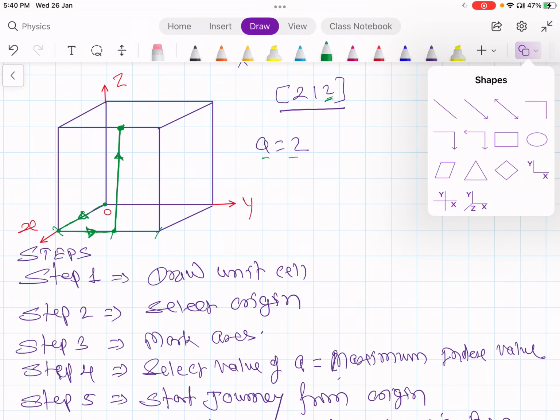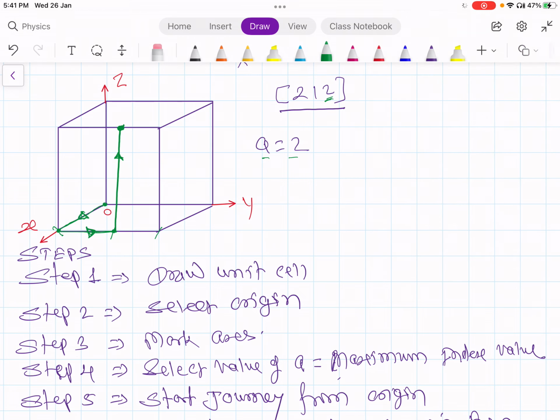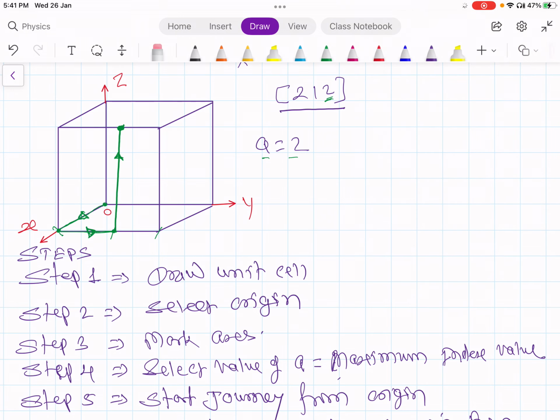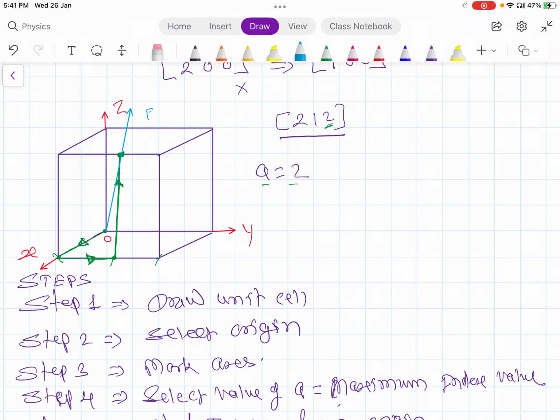Then the Miller indices of the direction is 212, and so the direction you have to draw is from the origin and through the point so obtained. So this is the direction 212.